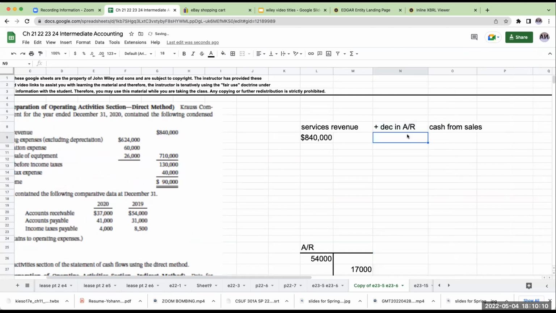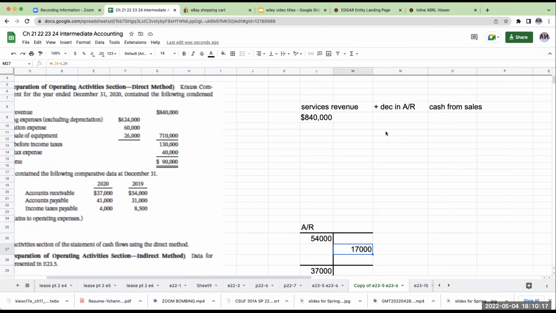And why am I showing this as an increase? Well, if my services revenue were here at 840 and my accounts receivable went down, that means I must have collected more money. Think about it. I debited cash, credited AR. So this is going to be 17,000. So my cash from sales is going to be $857,000.